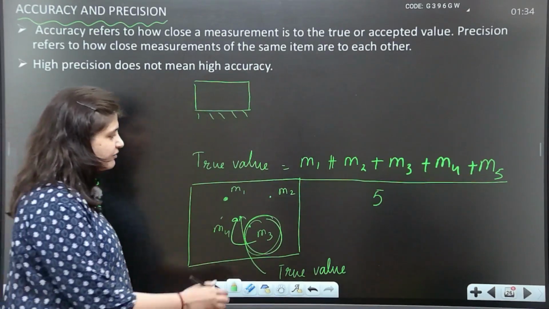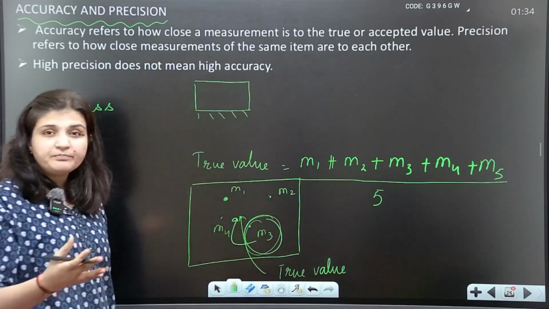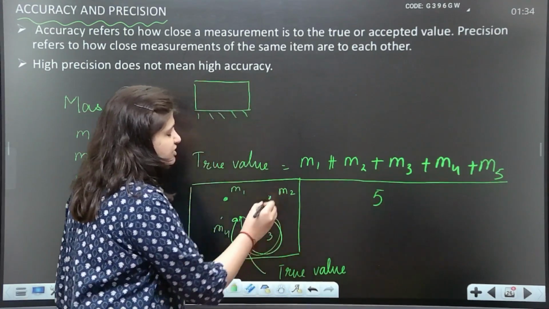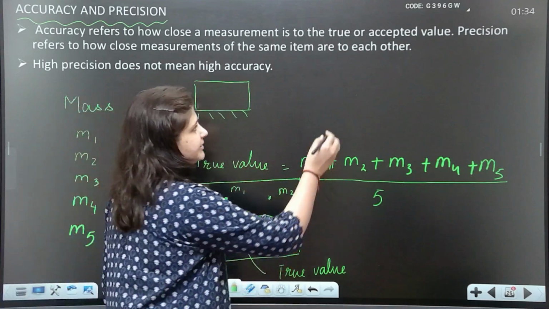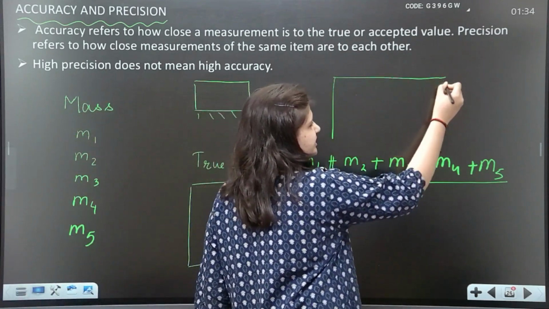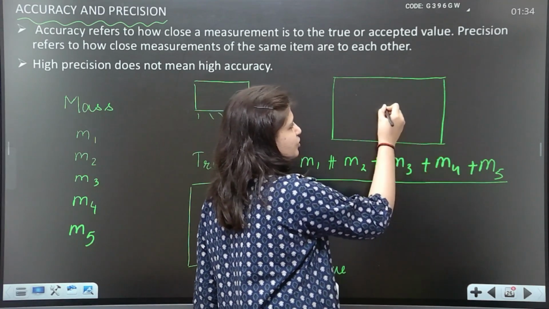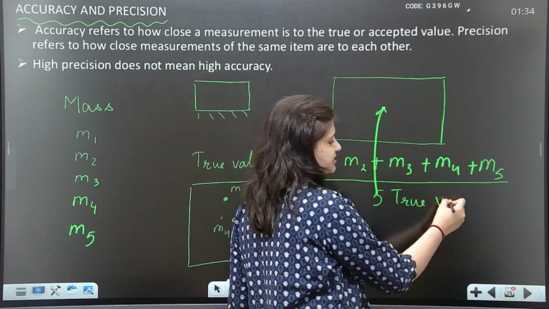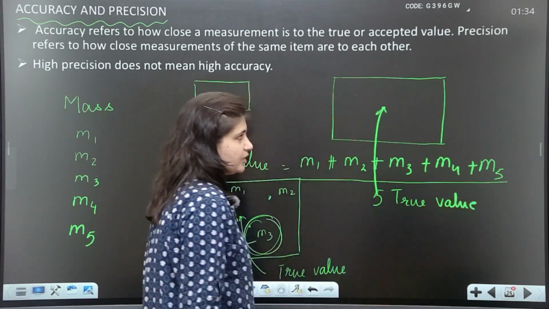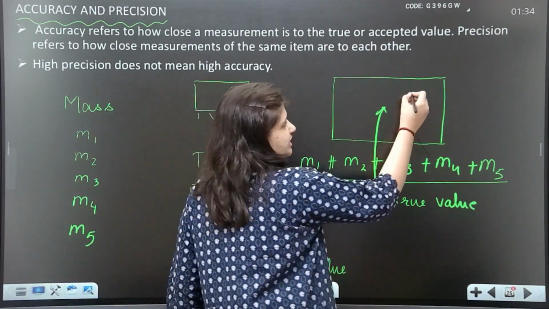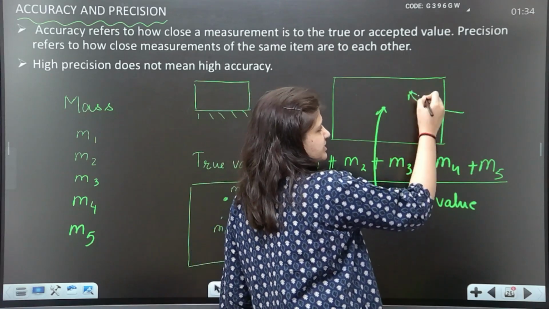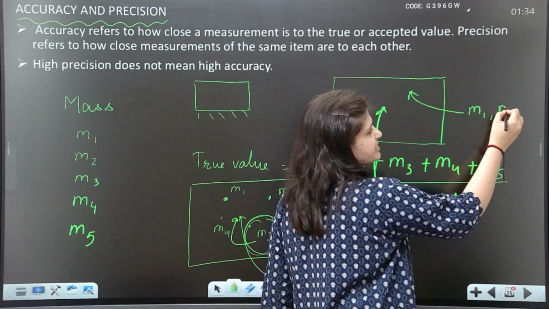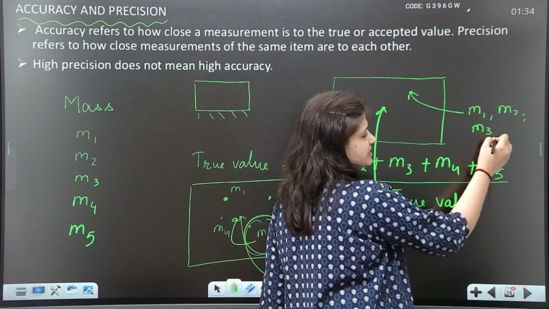And what is precision? Precision is when we have done various experiments and the values come out close to each other. Let's consider the case here. At the center we have the true value, and let's say this is m1, this is m2, this is m3, this is m4.